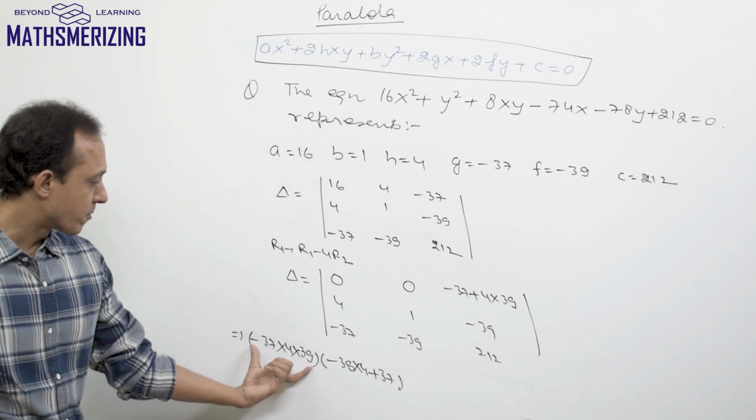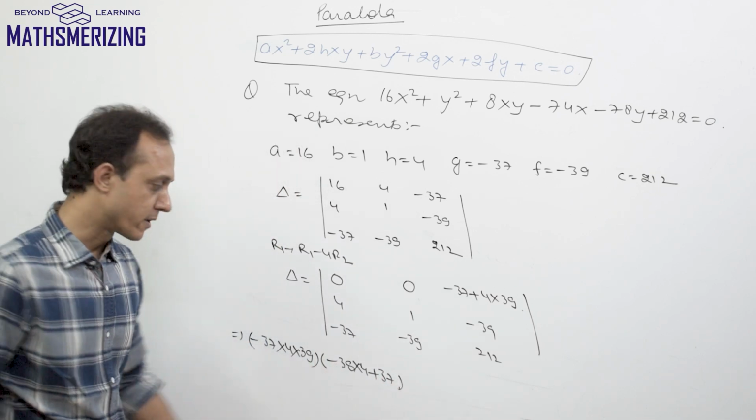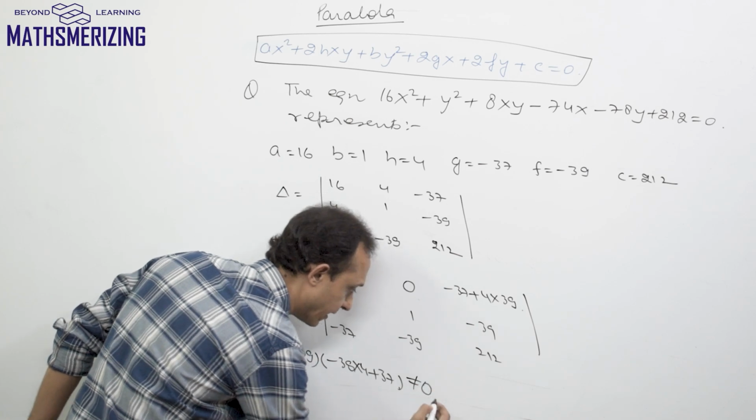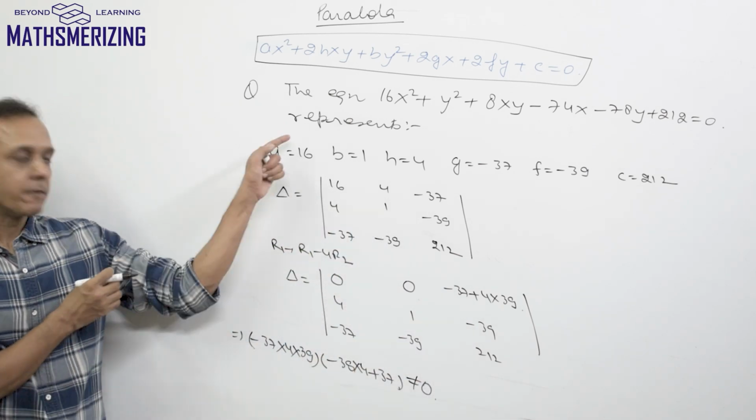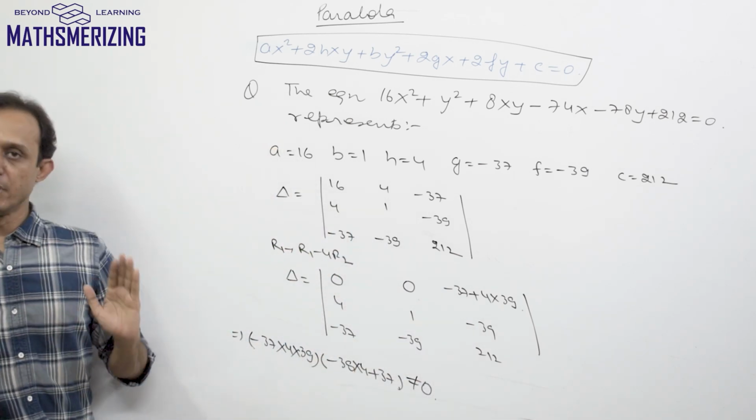Now we know that this cannot be 0, and this number also cannot be 0. So this delta is actually unequal to 0, so this equation doesn't represent a pair of straight lines.